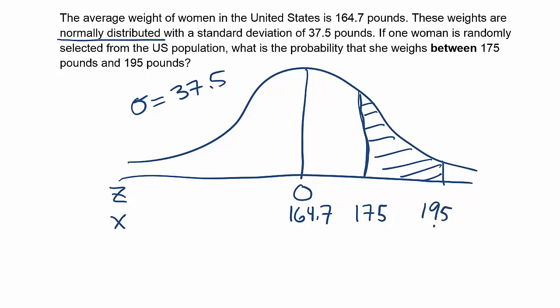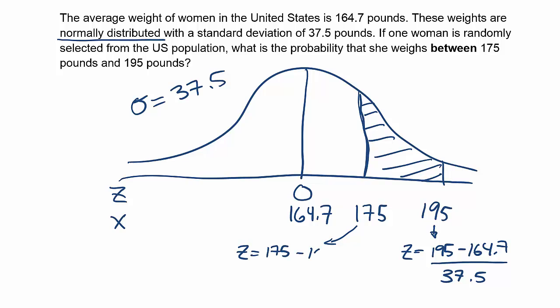So to convert 195 into a z-score, it'll be z is equal to 195 minus 164.7 divided by that standard deviation of 37.5. To do the same for 175, it'll be z is equal to 175 minus the mean of 164.7 over the 37.5, same standard deviation.